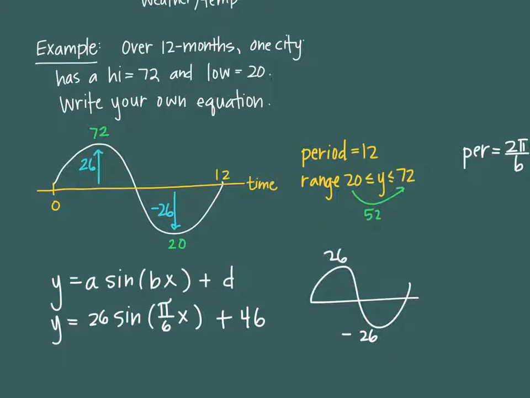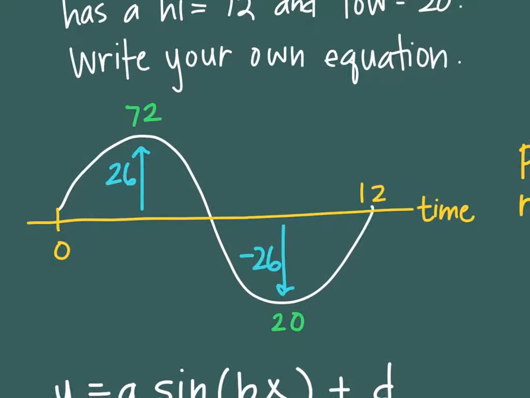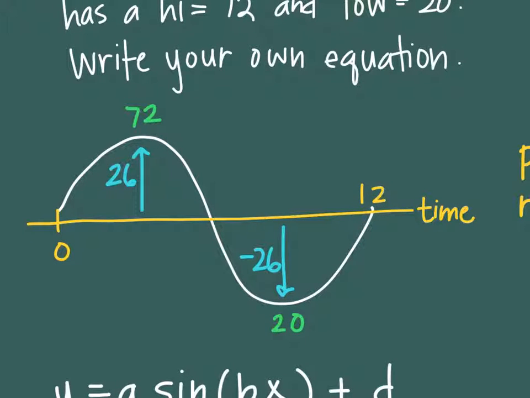Okay? Thinking again about this, 0 to 12, what months does that represent? Okay, 0 is January. Is it? Is 0 January? What's January? January is 1. So what's 0?